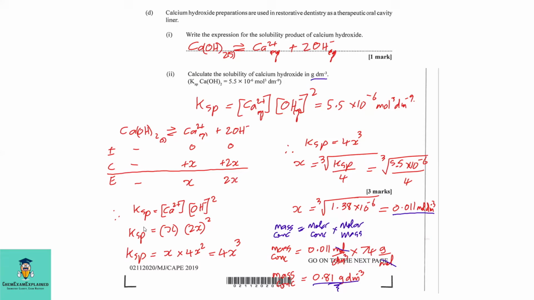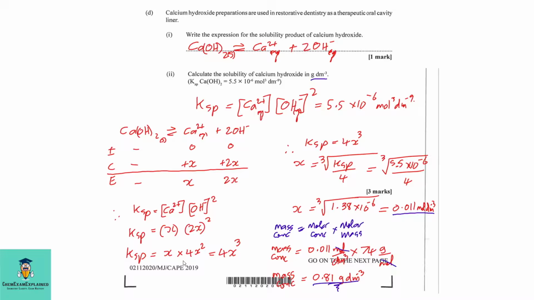We're going to plug our x values into the KSP equation. Where we have calcium ions, we place x, and where we have OH- ions, we place 2x. But remember that the hydroxide ions were squared. So we have KSP equal to x times (2x) squared.